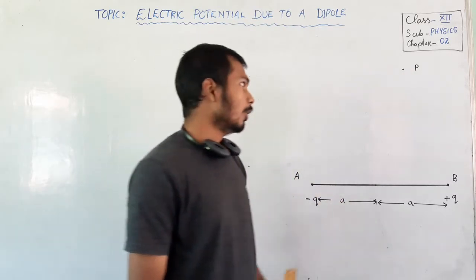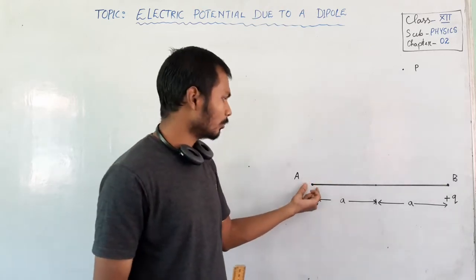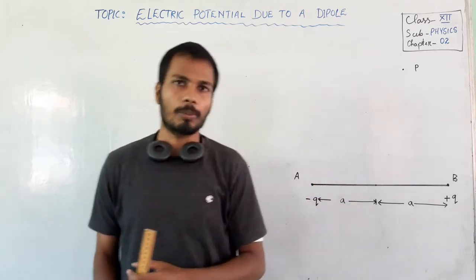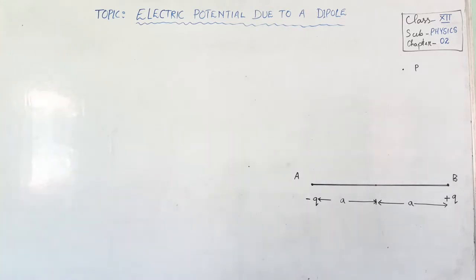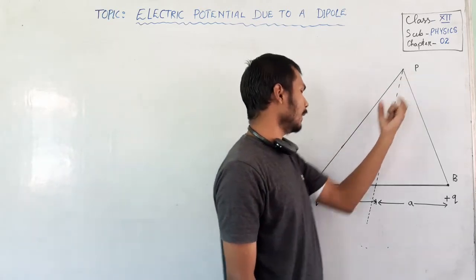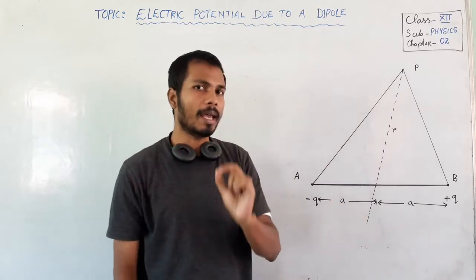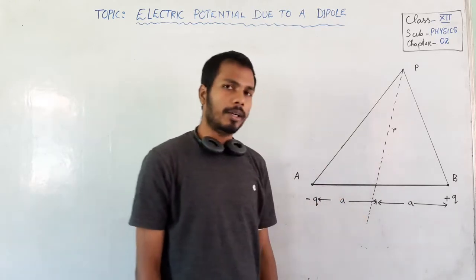So now join this point to the ends of the dipole. Now we have joined P and A, P and B. A and B are the end points of the dipole.